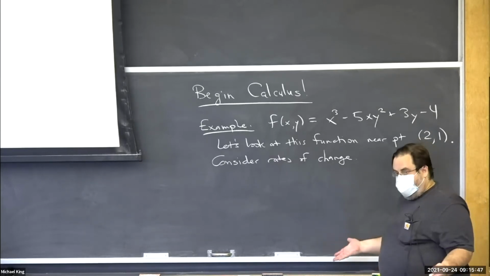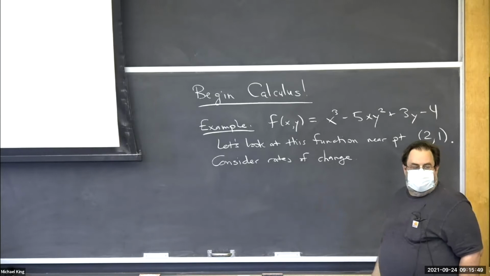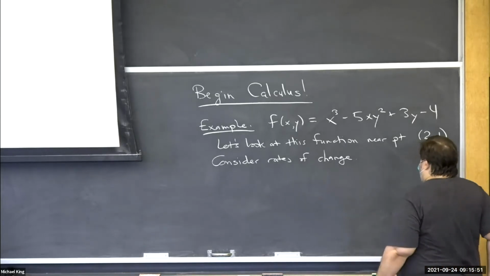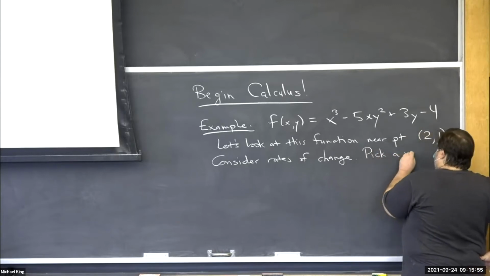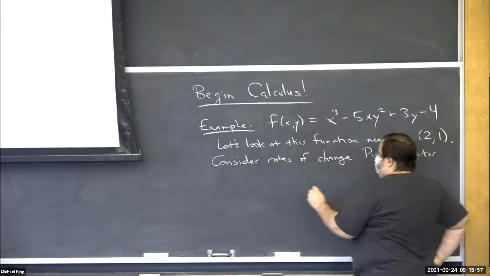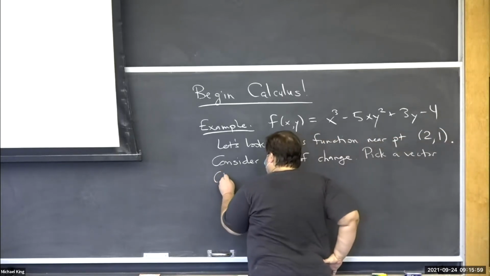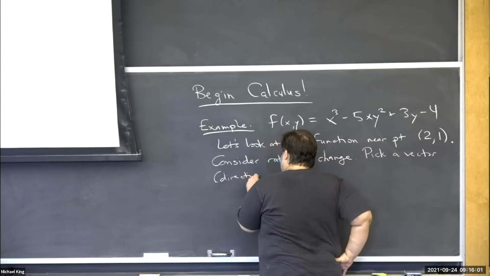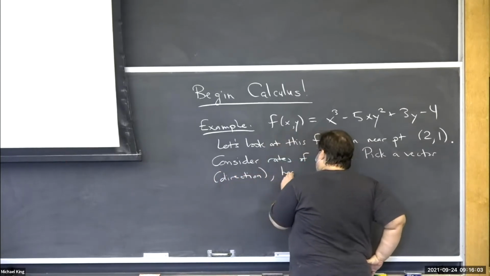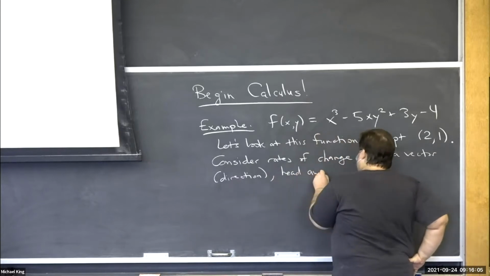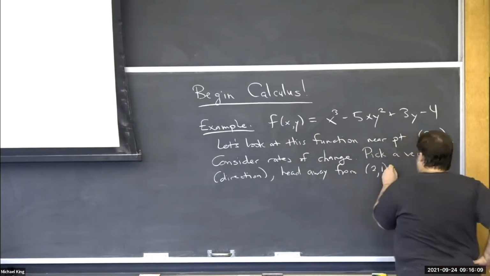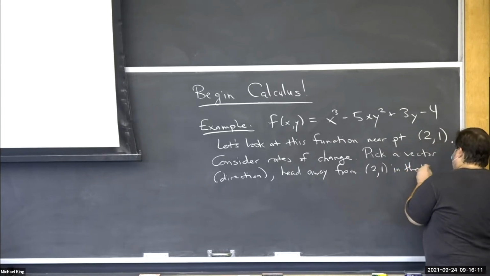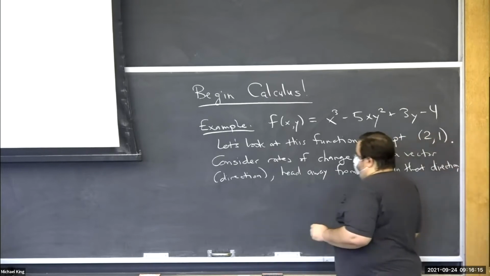So we pick a vector as a direction, head away from 2, 1 in that direction, and ask for the instantaneous rate of change.